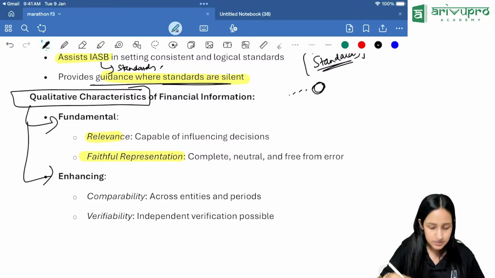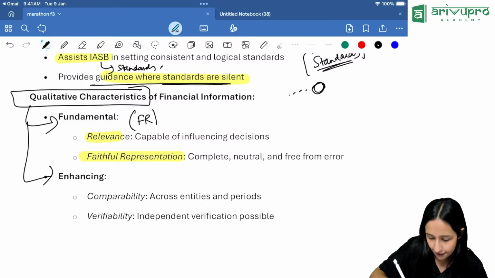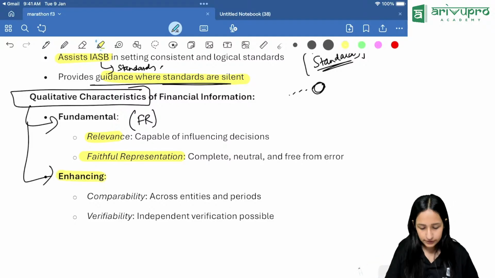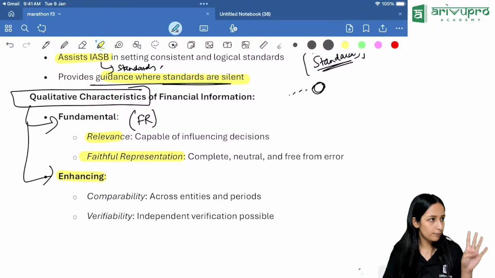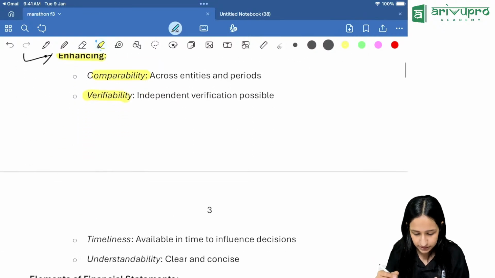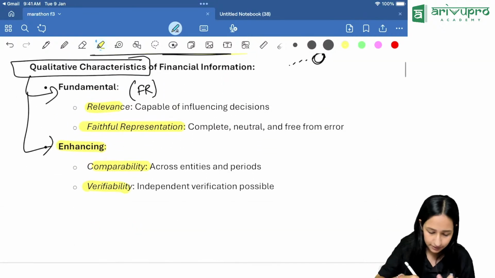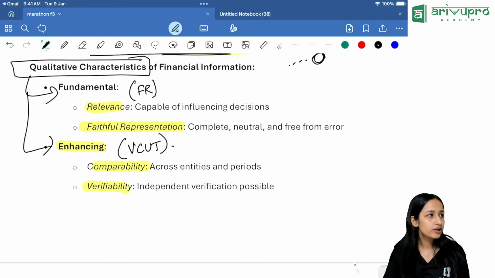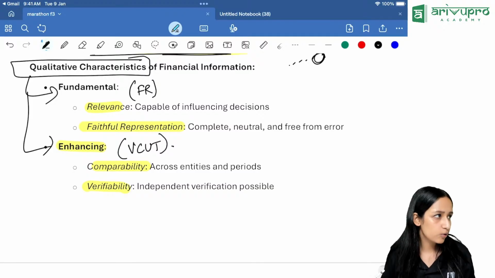We can remember this by using the acronym FR. Okay, but when we come to enhancing qualitative characteristics, they have four components within itself: comparability, verifiability, timeliness, and understandability. Here you can remember VCUT. Got it? So this is the way you can understand qualitative characteristics.